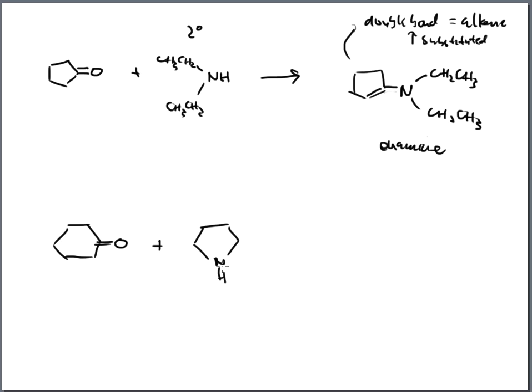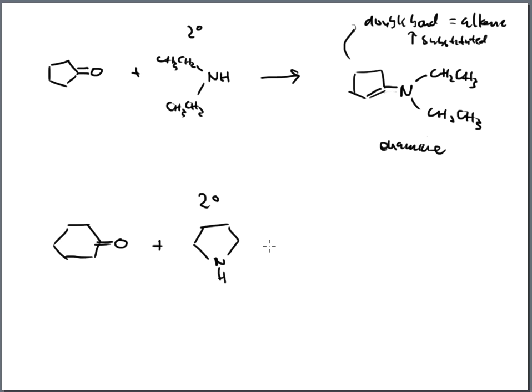It still has an alkyl group. Right now, that nitrogen is connected to 2 carbons. So this is still, folks, a secondary amine because that nitrogen on the left is connected to a carbon and on the right is connected to a carbon. So 2 carbons are connected to the nitrogen, which makes that a secondary amine group.